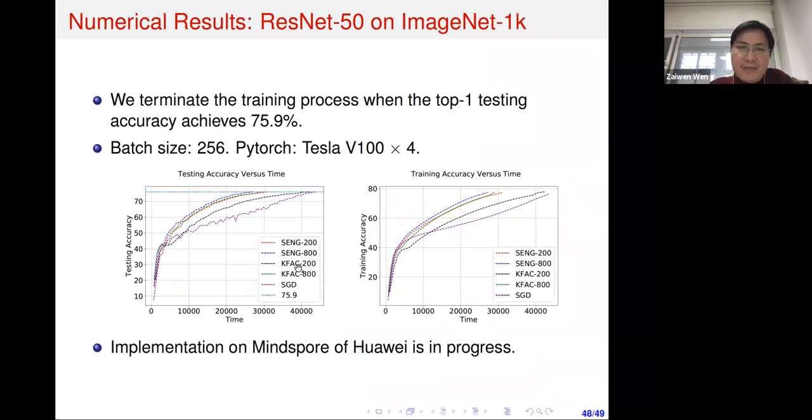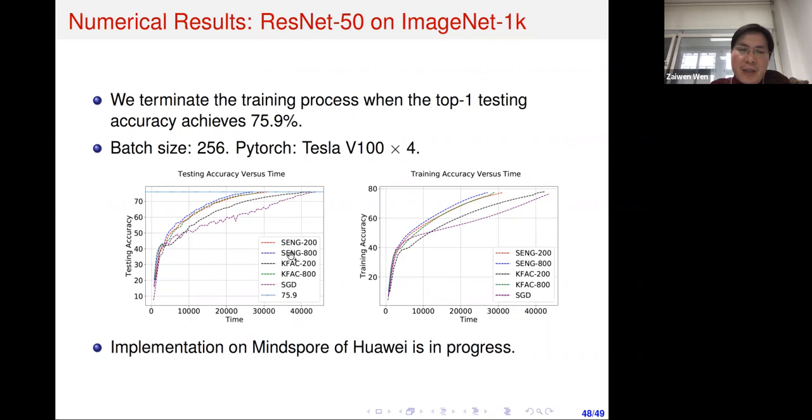Similarly for KFAC. Our method, this variant, is the fastest algorithm. For KFAC, if it only updates the matrix and computes the inverse, because it has to compute the inverse, at every 200 iterations, then the computation time is quite expensive.